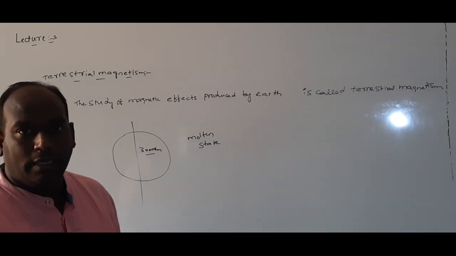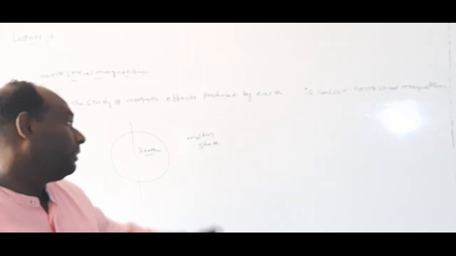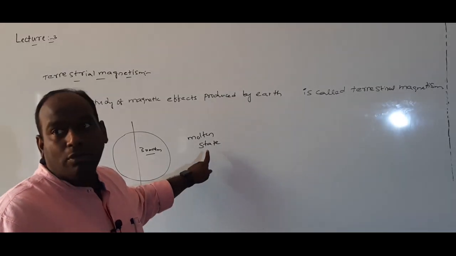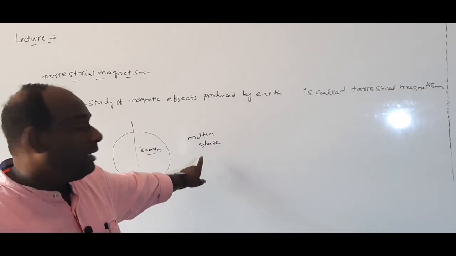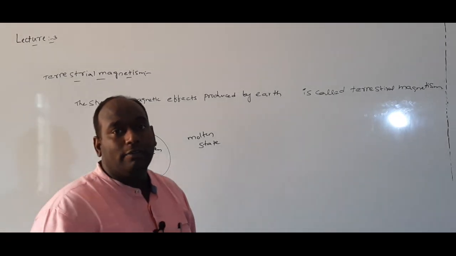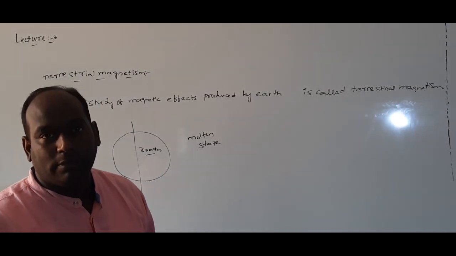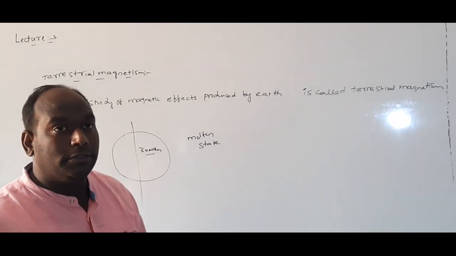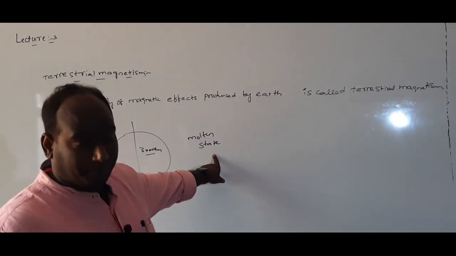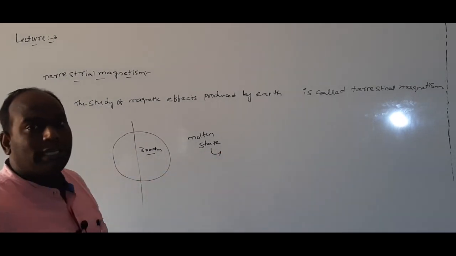If you take a solid and heat it, what will happen? We get a molten matter. That is known as molten state. So no matter exists in the form of solid. At the molten state, all the substances are in the form of ions. So due to rotation of Earth, these ions are in motion. So this molten mass produces an electric current. What is meant by current? Motion of charged particles.